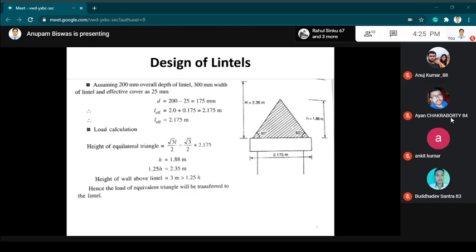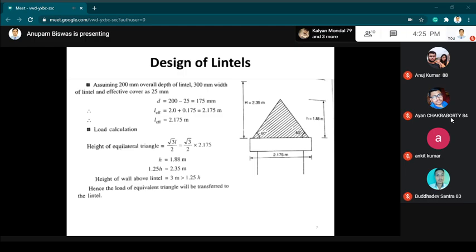Now let us consider the load calculation. For this we have to find the height of the equilateral triangle. The formula for the height of the equilateral triangle is root 3 L by 2. So root 3 by 2 into 2.175. So h is 1.88. Now we have to check what the value of 1.25 times h is.